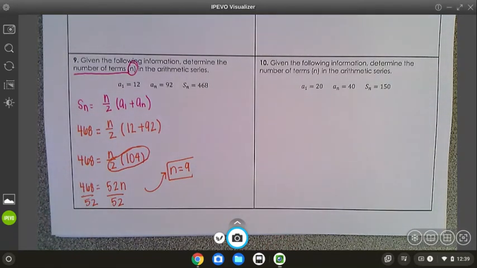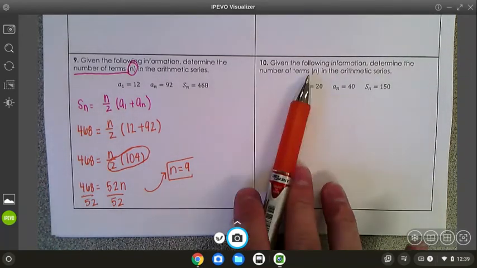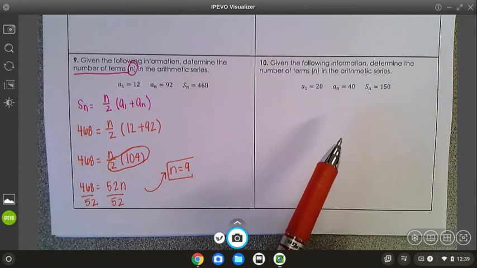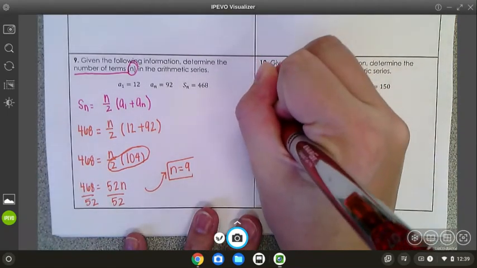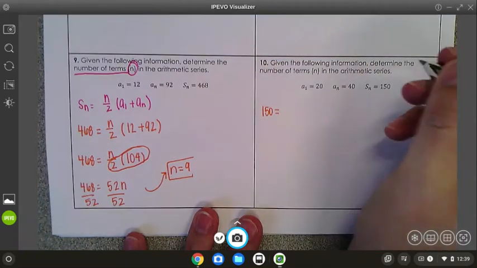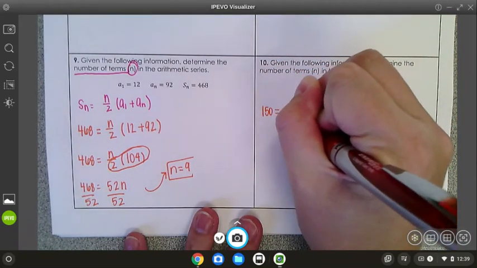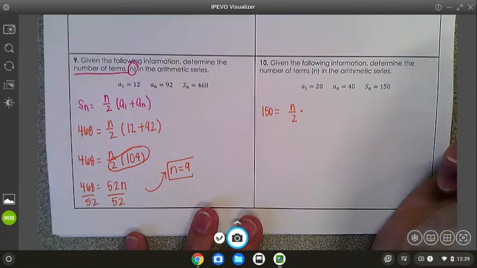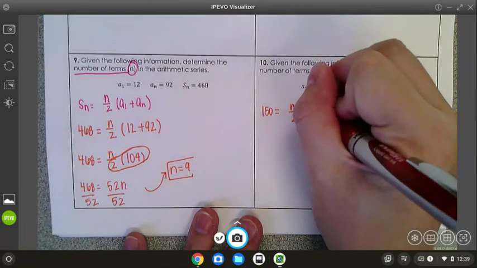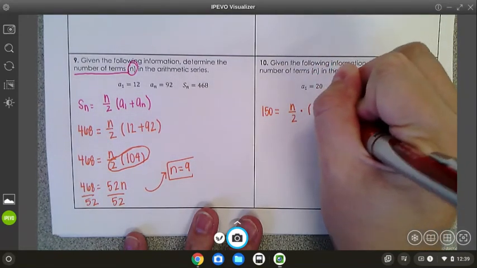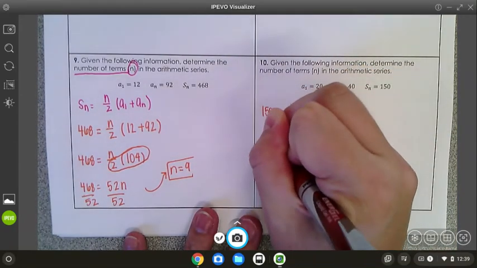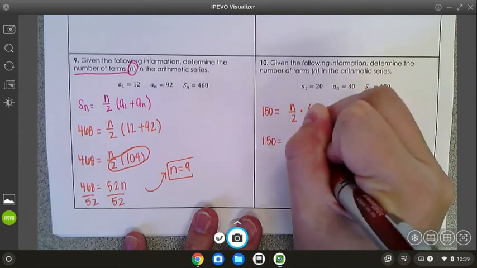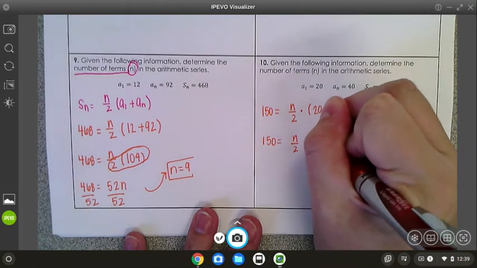Try number 10. Pause the video, work on this one yourself. All right. So Sn is 150. And then a1 plus an would be 60.